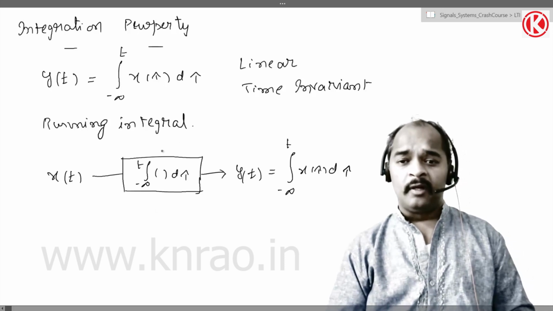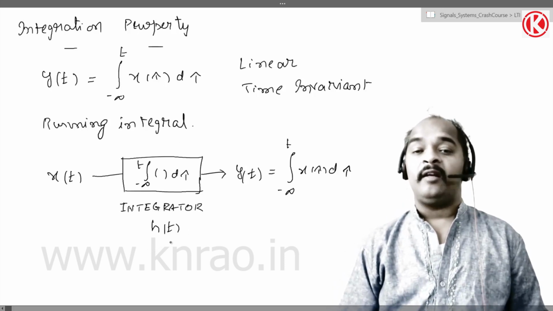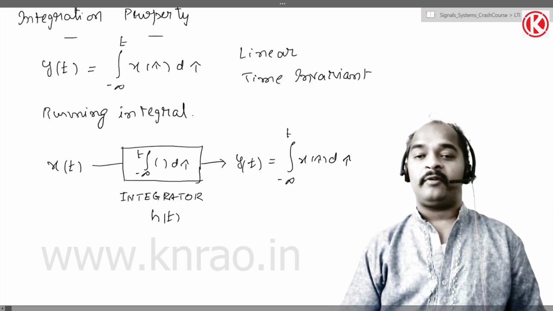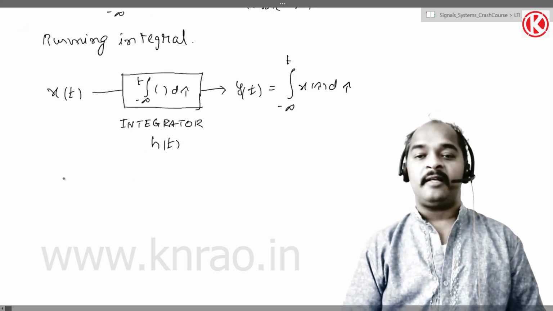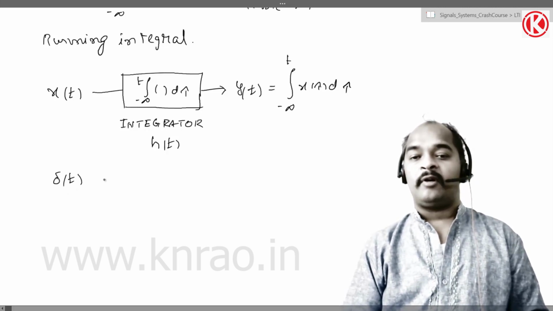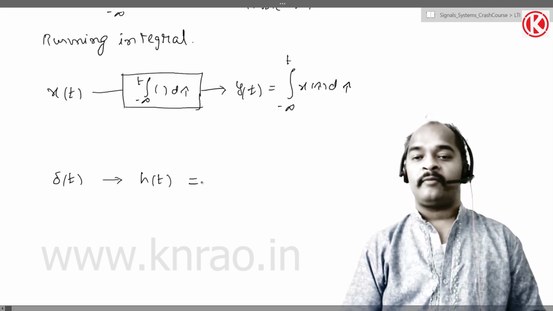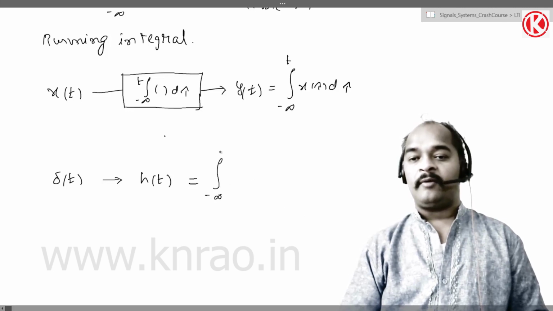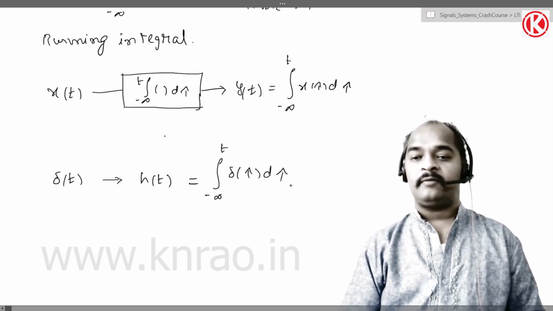Now it boils down to evaluating the impulse response of the integrator. If you want to find the impulse response, you have to give an impulse as the input. So if you give delta of t as the input, we get the impulse response h of t, which is equal to the integral from minus infinity to t of delta of tau d tau.